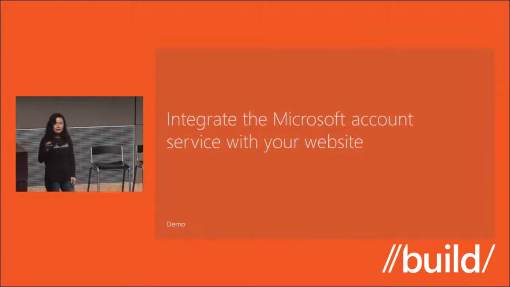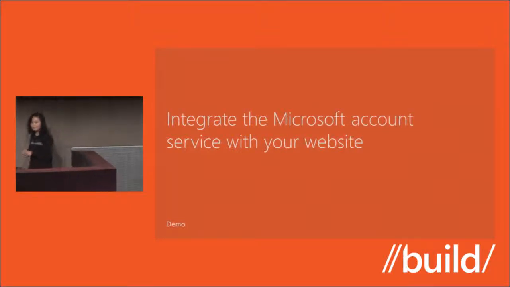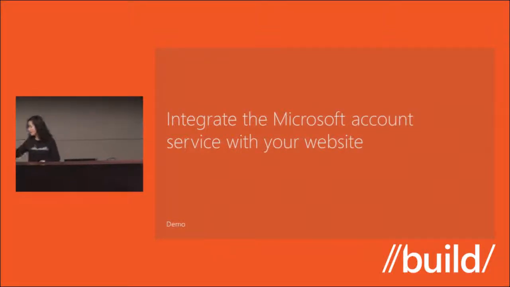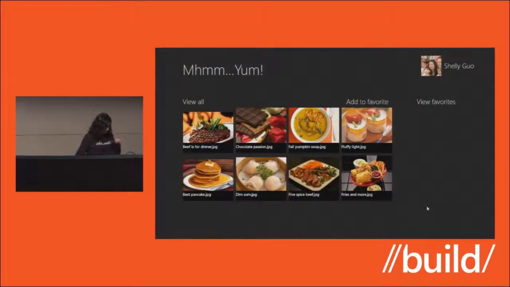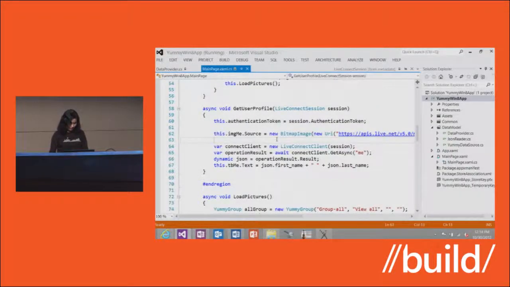So next is the demo, where I want to show you how to implement this scenario in Visual Studio. One thing I want to show you here is the application registration experience.